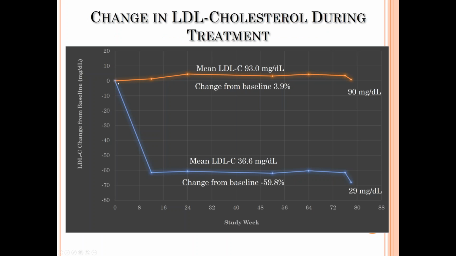So early on, these patients were already on statin therapy, LDLs in the 90s. No significant change really, it was a 3.9% increase versus patients in the evolocumab group, where the mean LDL dropped from 93 to 36, a 60% reduction.